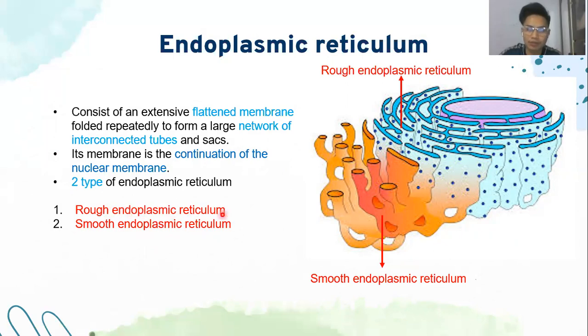Rough endoplasmic reticulum has ribosomes attached, whereas the smooth endoplasmic reticulum does not have ribosomes attached to the structure.